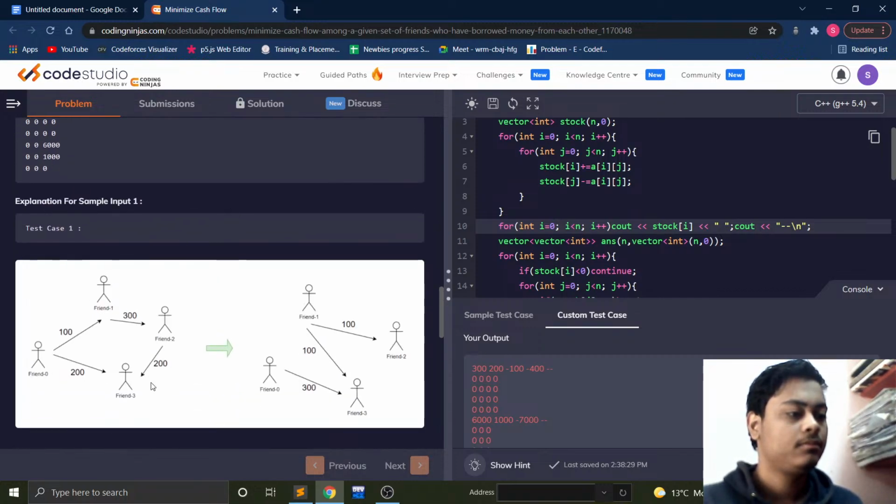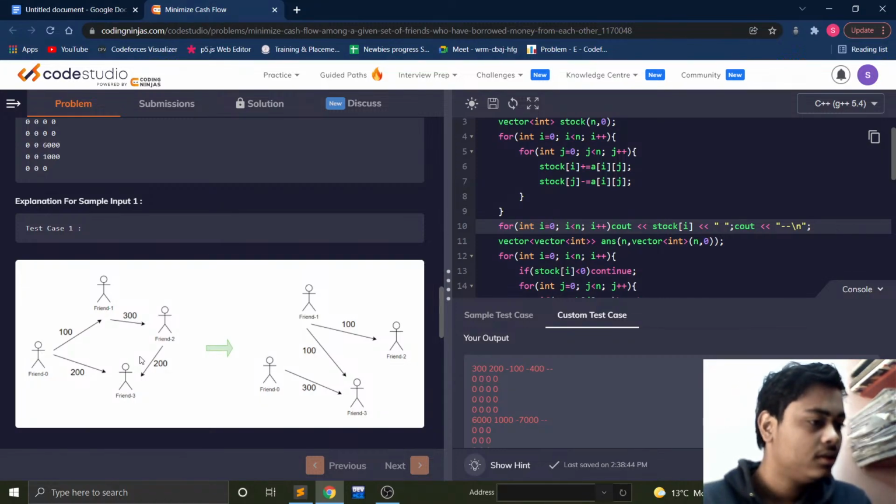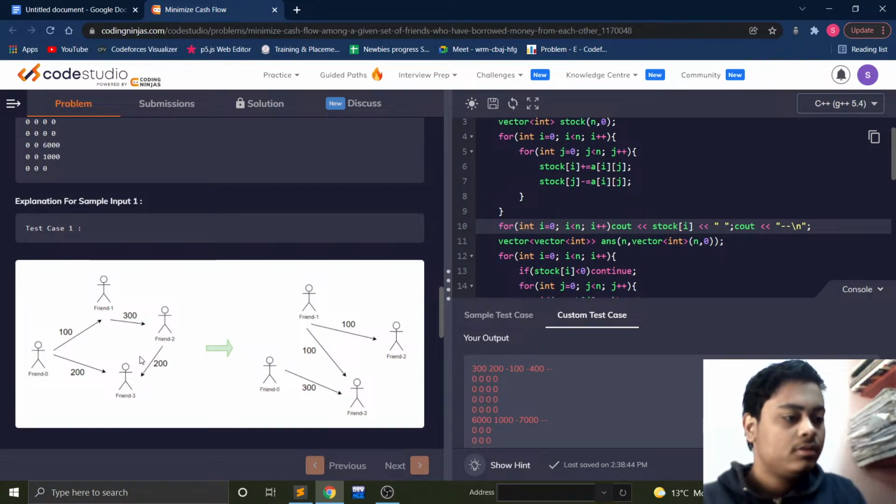The first person wants to give 300, the second person wants to give 200, the third person wants to take 100, and the fourth person wants to take 400. Correct? It's negative. If it is negative, he wants to take, right? That is correct.